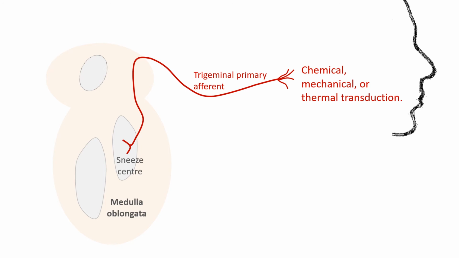So an action potential travels in, travels to the medulla oblongata, to the sneeze center. It then synapses with a second order afferent that goes down to the respiratory center. That respiratory center, of course, stimulates our ventral respiratory group. We get inspiration, we get expiration, and we get a sneeze.